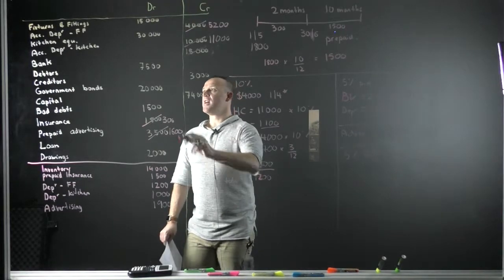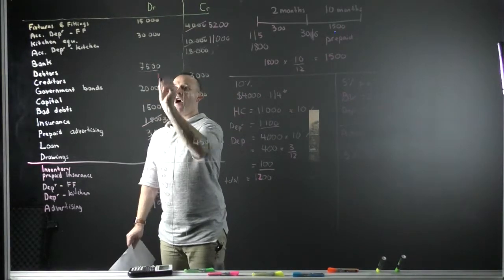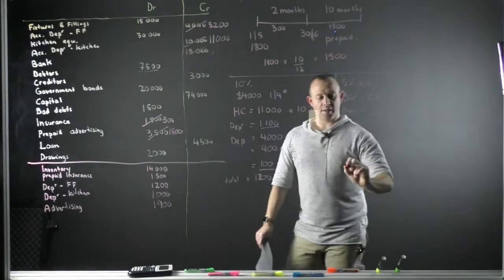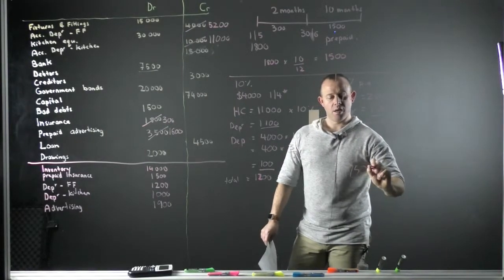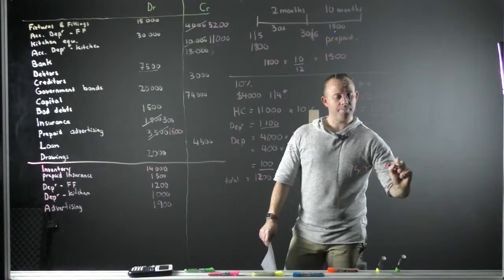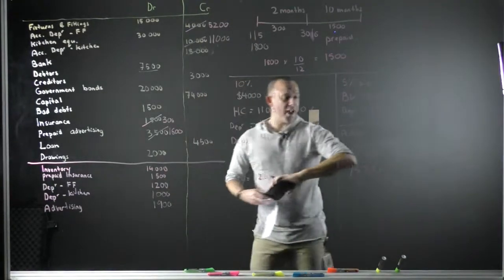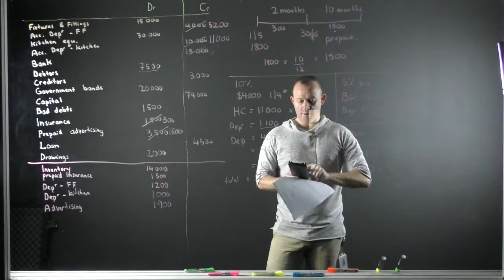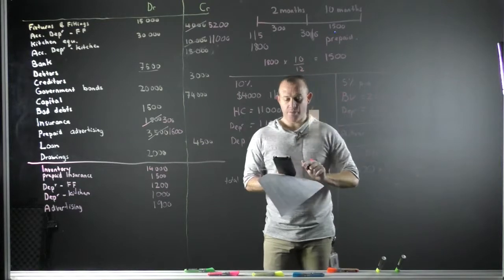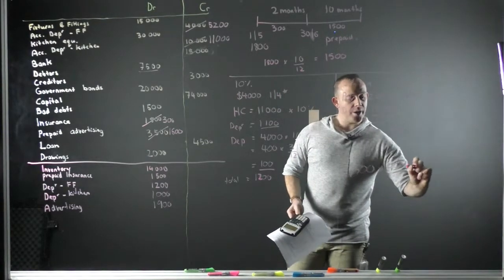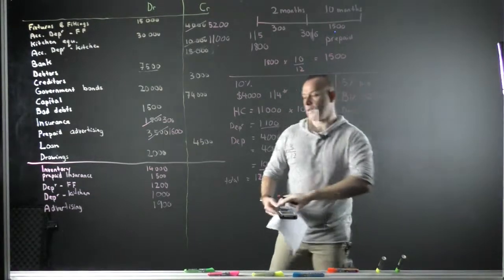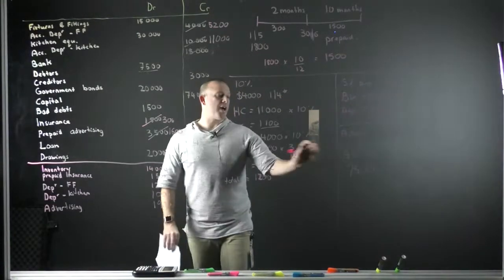So all we do is we take 5% of our debtors. We want 7,500 times 5%, and that will give us 375. So we need to record that.